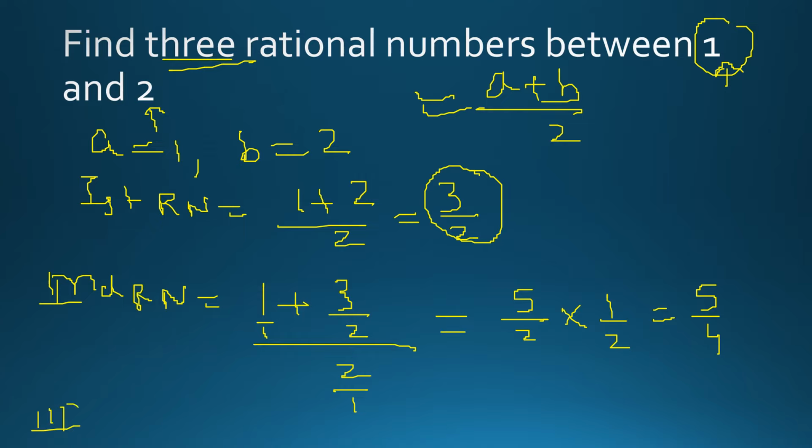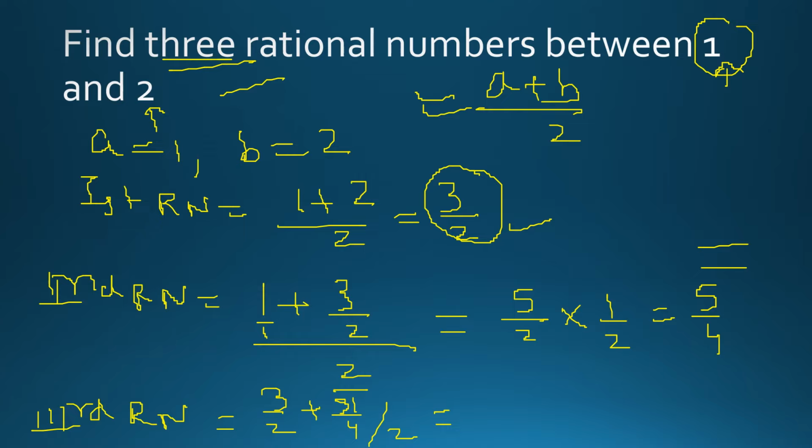Similarly, the third rational number you can find out. You can either take a as 3/2, b as 5/4, or vice versa, anything. But a different number has to be there. So if you take 3/2 and 5/4 divided by 2, what will you get?